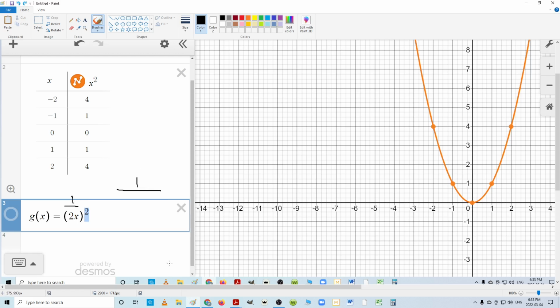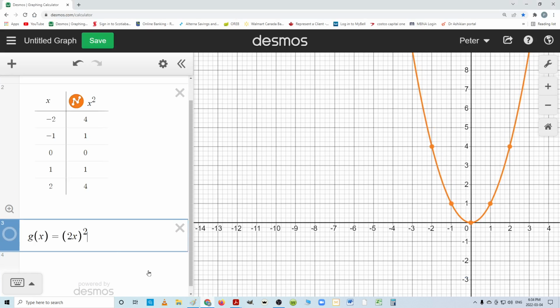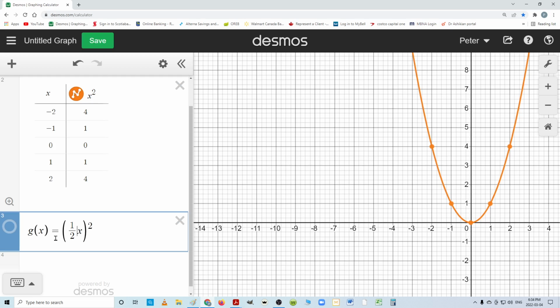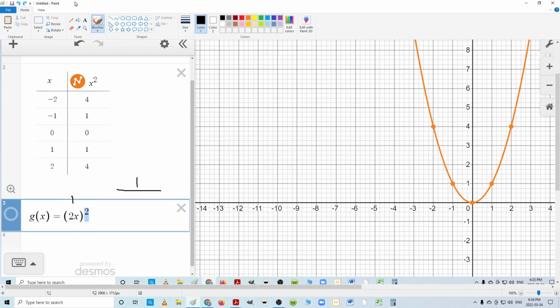Let's do the half because visually it's going to be easier for me to multiply things by 2. So I'm going to put a half in front of this x like that. And according to me, it's going to do the reverse. It's going to multiply all my x values by 2. Let's do that. All these y values are going to be the same because there's nothing in here affecting the translation of the y. Let's multiply each of these by 2.